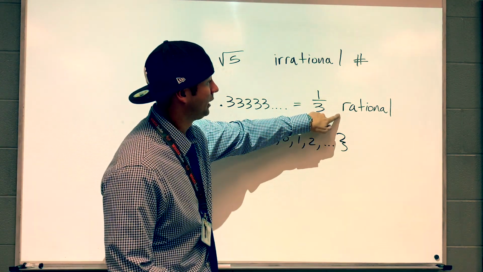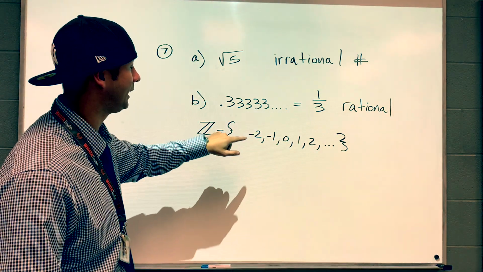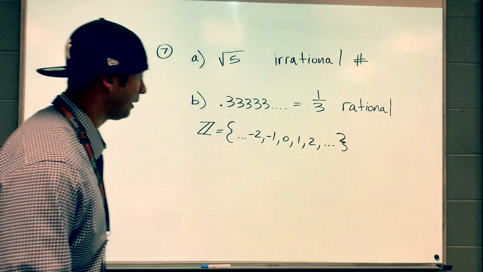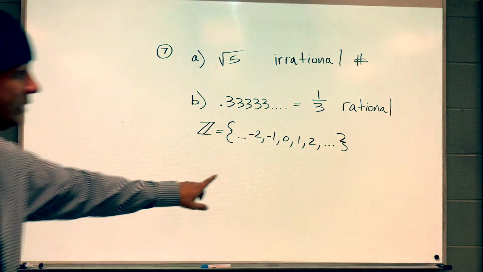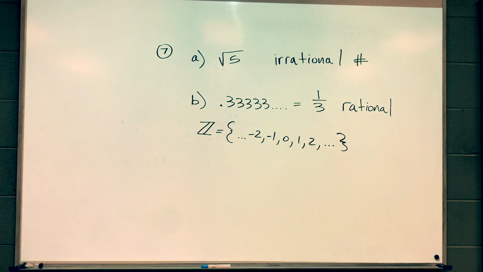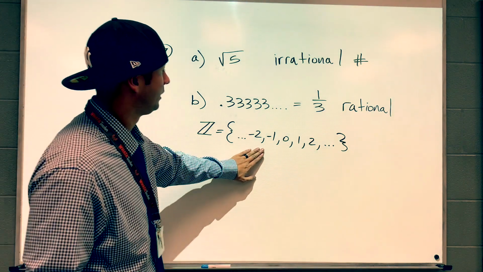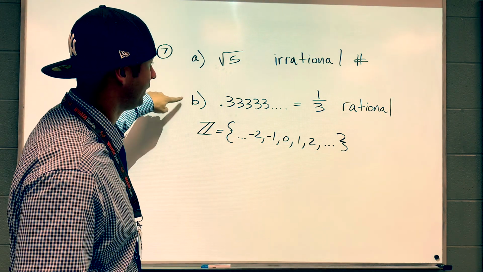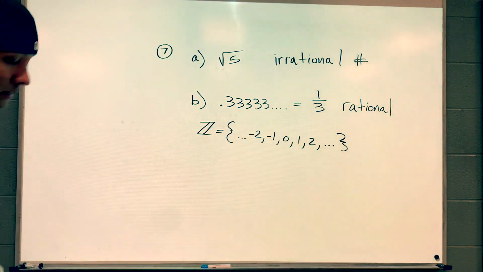That's what it means to be rational, that I can take any one of these numbers and make a fraction, as long as I don't put 0 in the denominator. That's the caveat, 0 cannot be in the denominator. But any combination will make a rational number. B is a rational number.